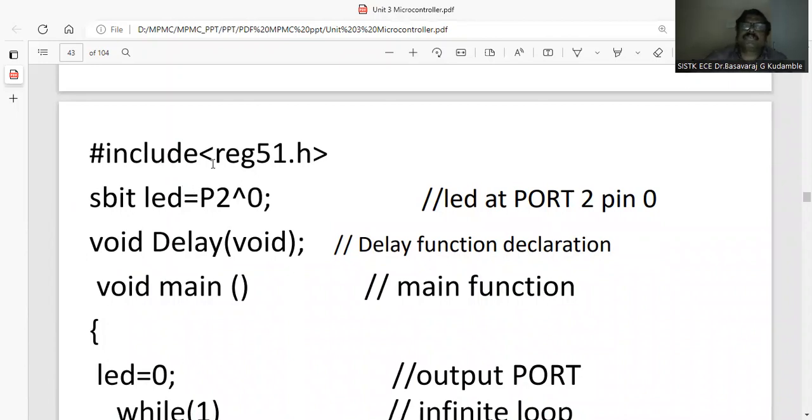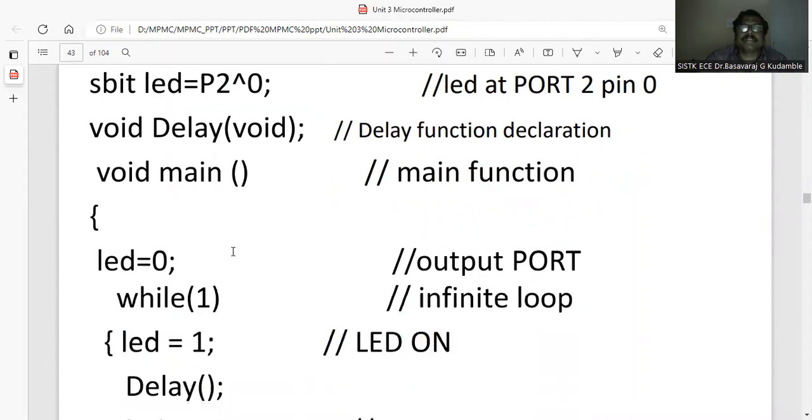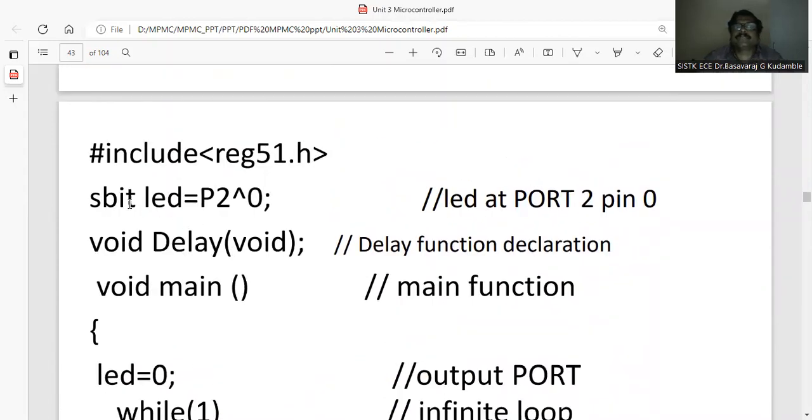So this include file is reg51.h. This is a header file, the register 51.h header file, to be used. This header file has all these registers defined, for example P2 and all other registers. So sbit is a single bit, LED is P2.0.